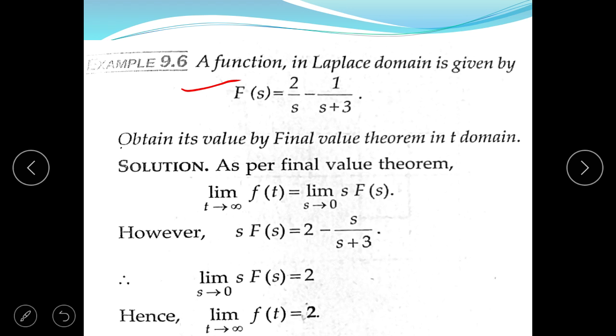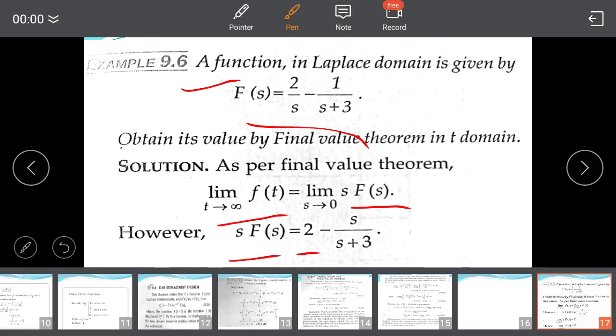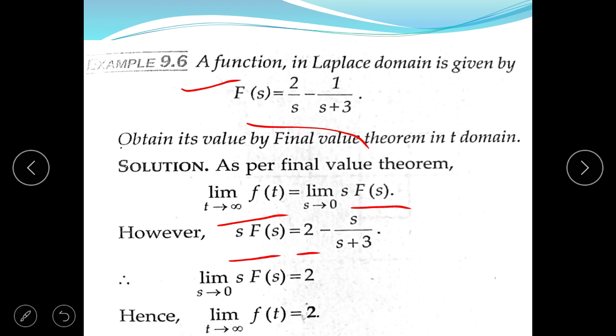So first of all, we know that limit t tends to infinity of f(t) is equal to limit s tends to 0 of sF(s). So we multiply the function F(s) with s. So sF(s) is equal to 2 minus s upon (s plus 3), and we apply limit s tends to 0. Since s is equal to 0, this part is equal to 0, and only the response 2 remains. So the value of the function F(s) at t tends to infinity is equal to 2.